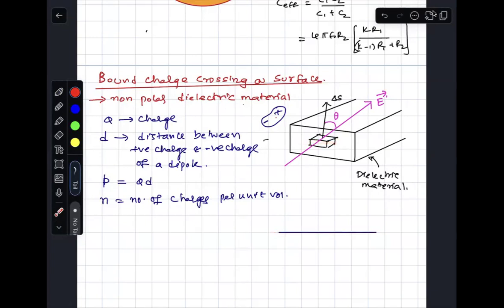Now the issue with me is, this is the normal direction, dS. And this is the direction of the electric field. Now I imagine one such dipole you take, you assume minus plus. That is how it is oriented.